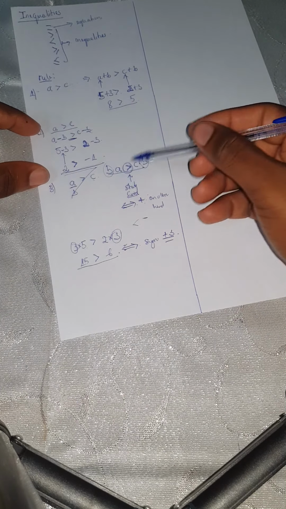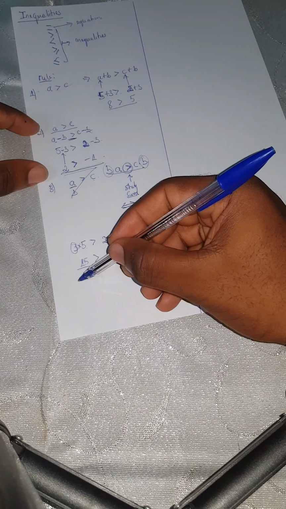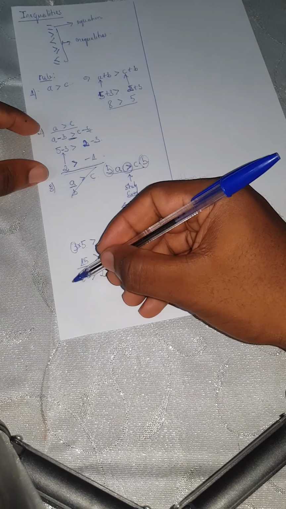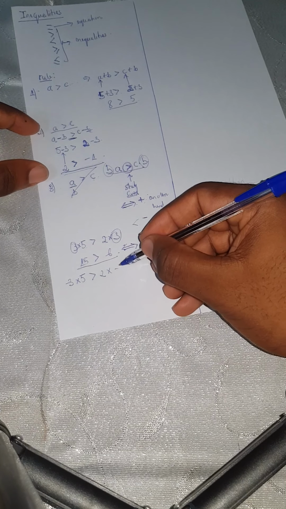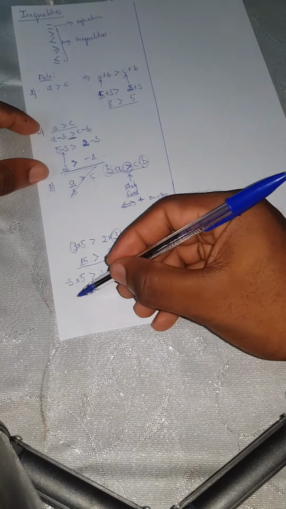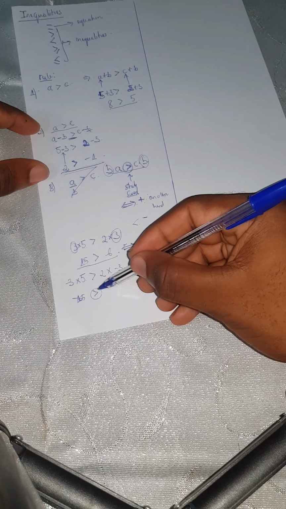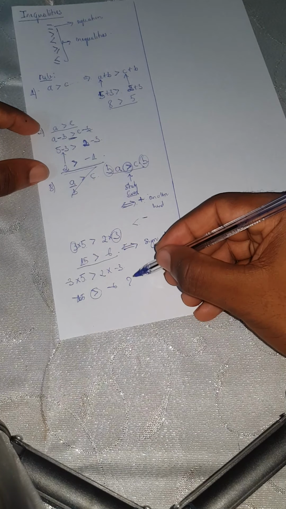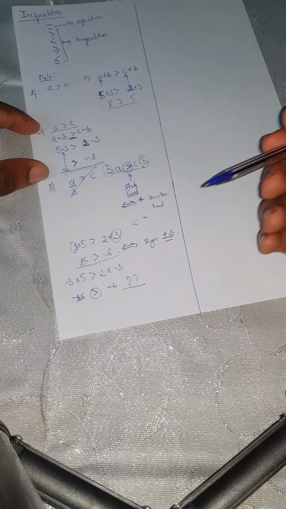Now, in the next case, we have 5 greater than 2. If I multiply here instead by negative 3, and I multiply here instead by negative 3, we realize that 5 times negative 3 is negative 15. But is it greater than negative 6? No. Negative 15 isn't greater than negative 6.